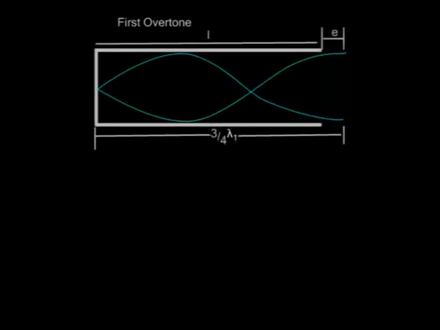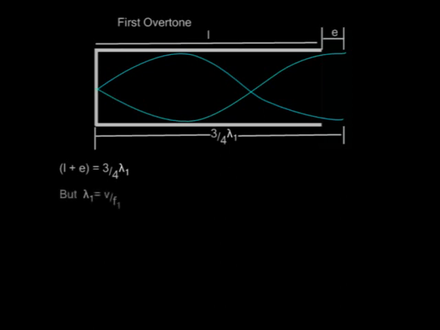First overtone. When air is blown more strongly into the pipe, overtones which are multiples of the fundamental frequency are obtained. The open end is always an antinode while the closed end is a node. From this, L plus E is equal to 3 over 4 lambda 1.